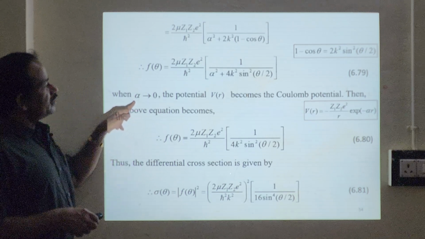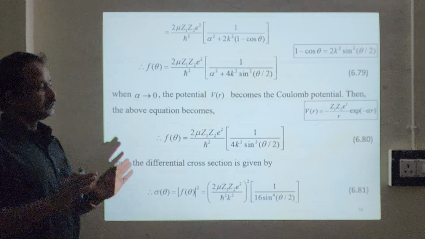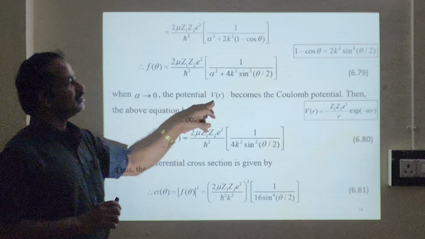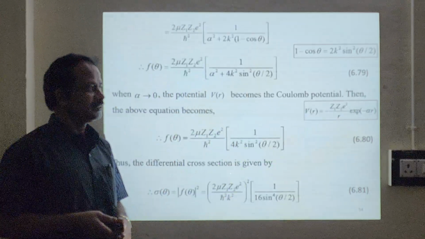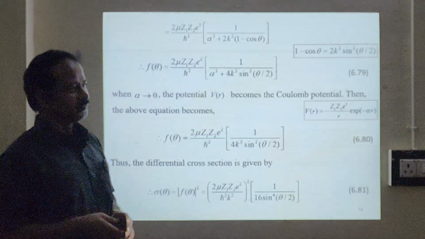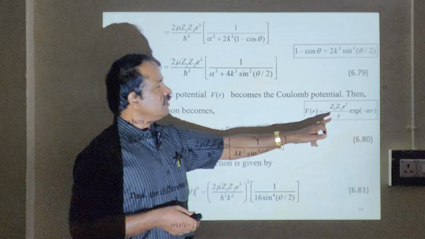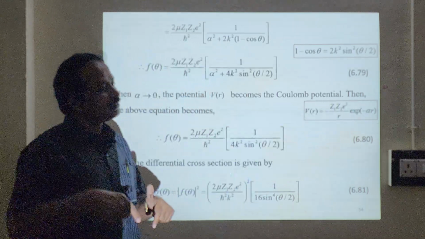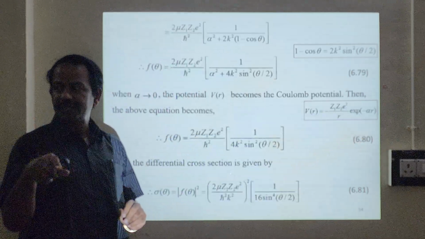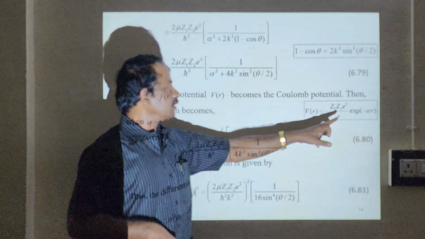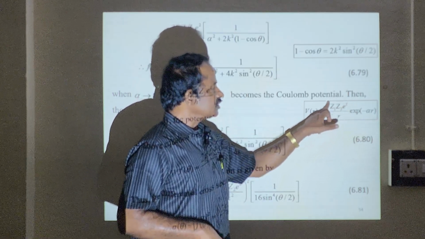Now suppose alpha tends to 0, the potential V of r becomes Coulomb potential. Suppose alpha equals 0 in this expression, it becomes 1, correct? e power minus 0, 1 by e power 0 is 1, so we will have 1. So V of r is given by this expression alone.